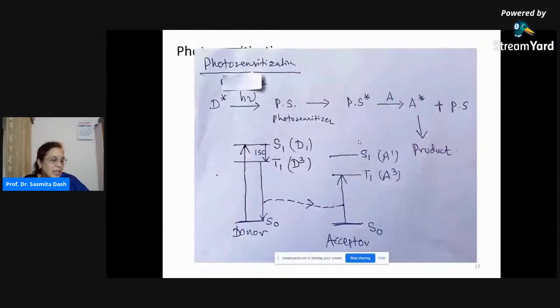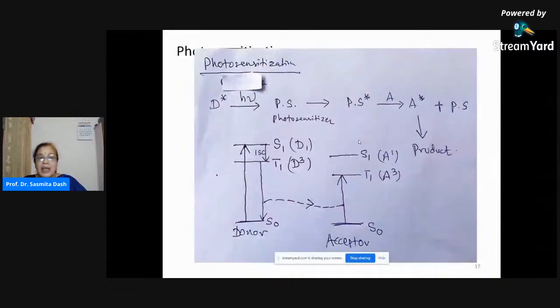Certain reactions are known which are not sensitive to light. These reactions can be made sensitive by adding a small amount of a third substance which can absorb light and transfer energy to the reactant. This third substance, which itself does not undergo any change, is called a photosensitizer. The role of the photosensitizer is almost the same as that of a catalyst in a chemical reaction.